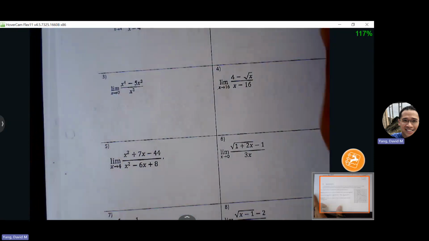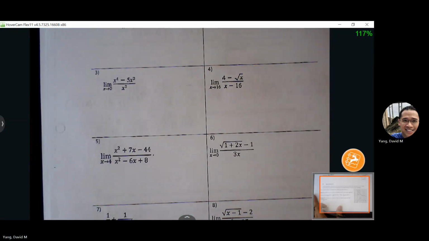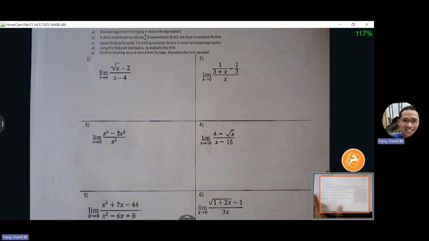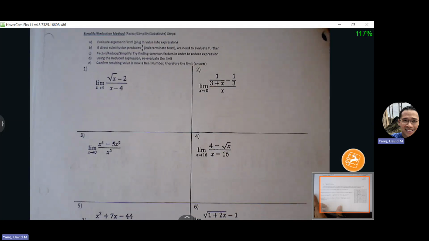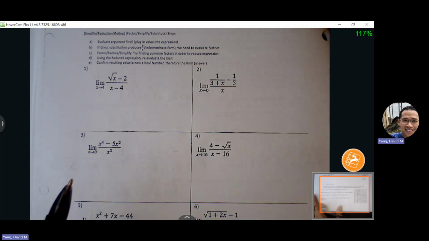Okay, so we're just going to practice today with our three main categories of functions that have holes. It could be GCF factoring, it could be conjugate method, or it could be complex fraction, common denominator.